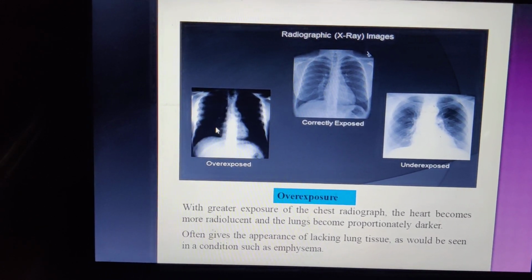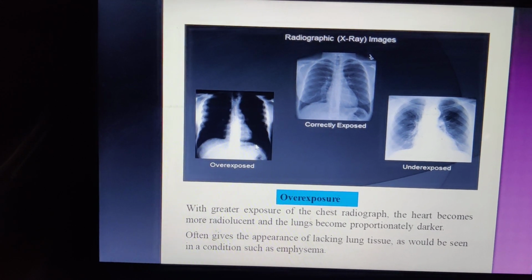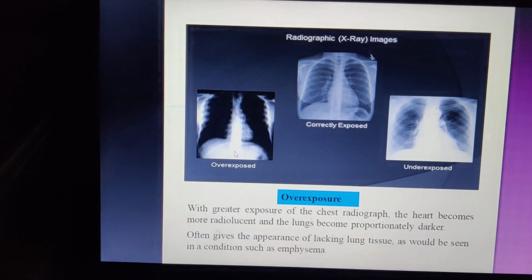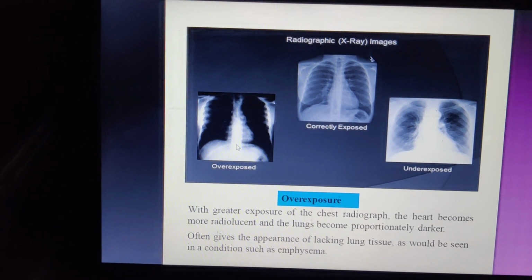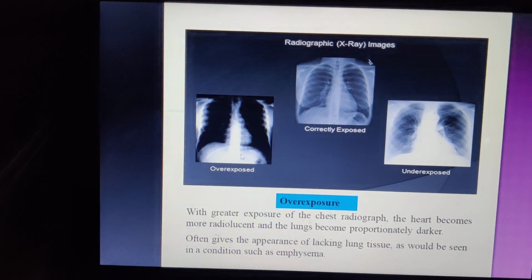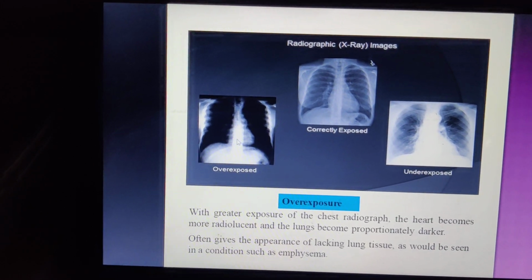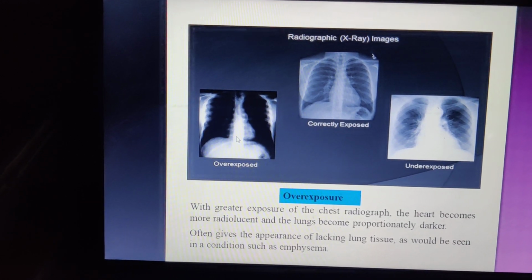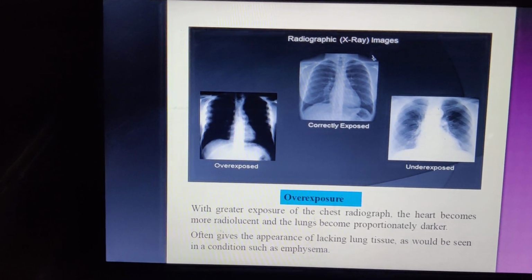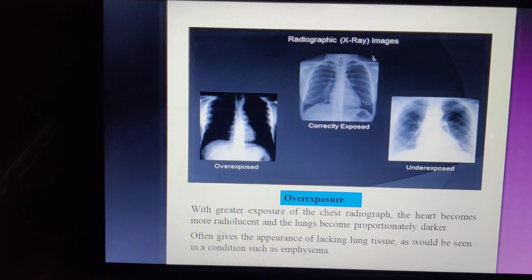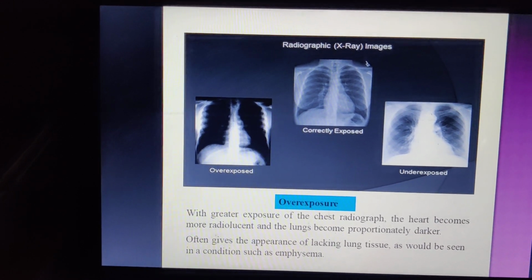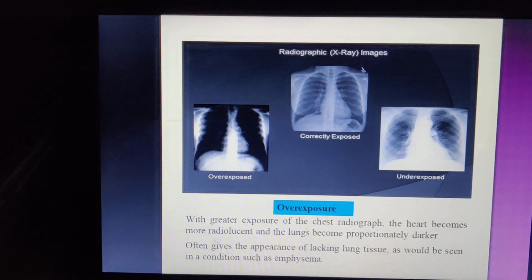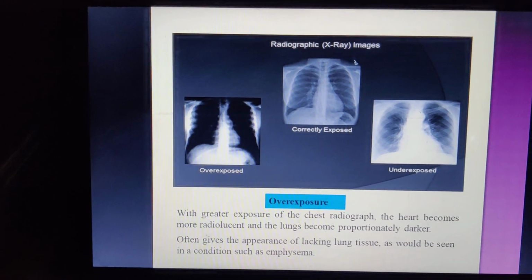In case of overexposure, the thoracic vertebrae will be seen lower than the diaphragm level, giving the appearance of lacking lung tissue. It can be seen in case of emphysematous lungs also. In the middle it's the correct exposure, and on the right side the underexposure.